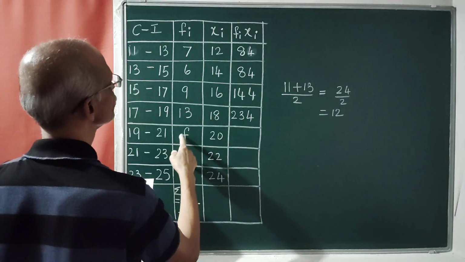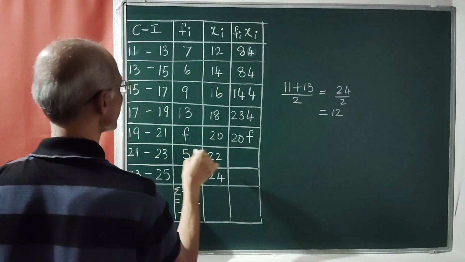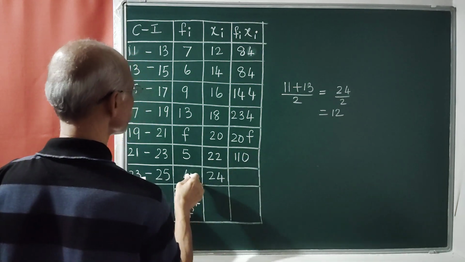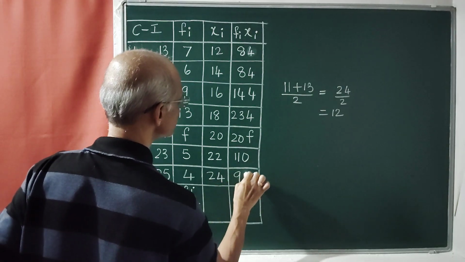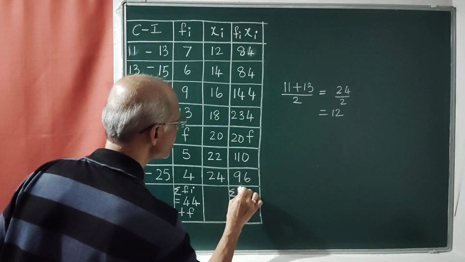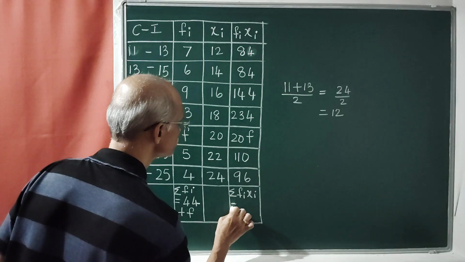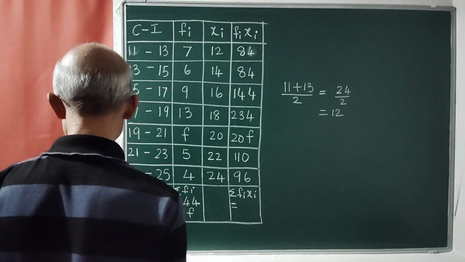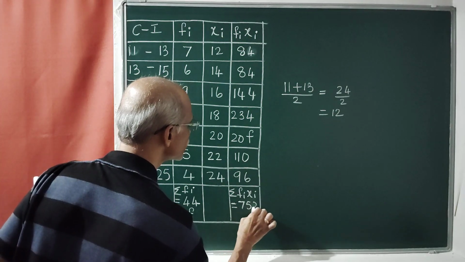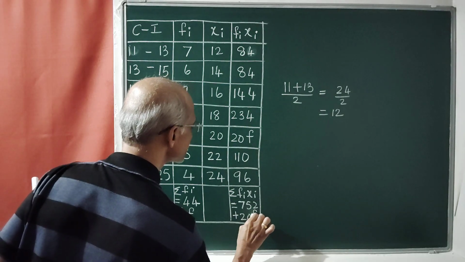Here f into 20 is 20f. 5 into 22, 110. 4 into 24, 96. Now you have to find out sigma fi xi. Sigma fi xi is equal to 752 plus 20f.